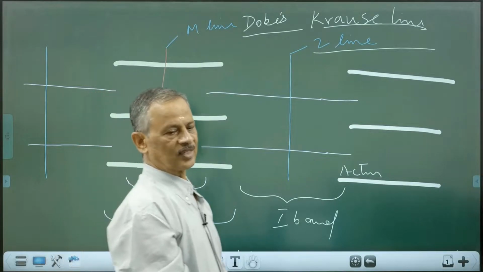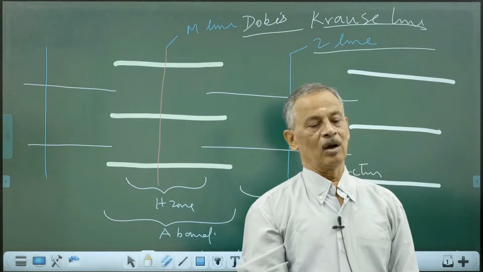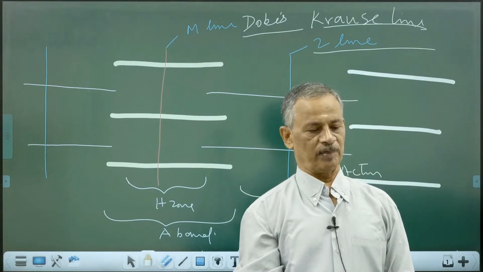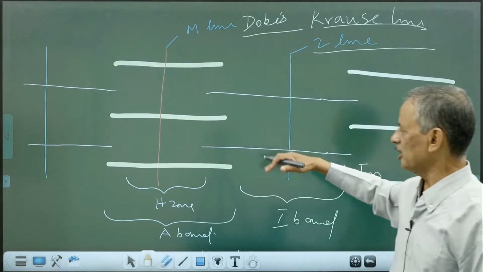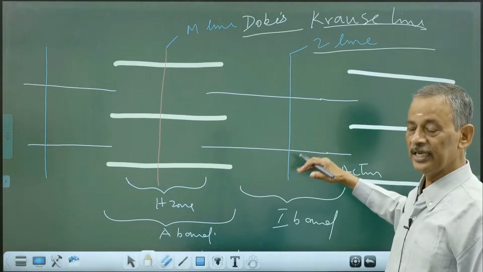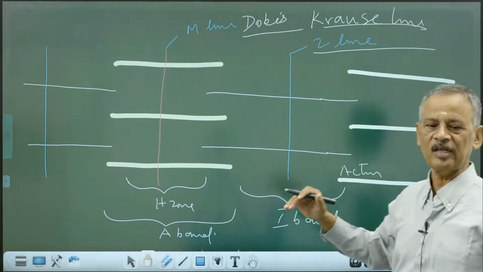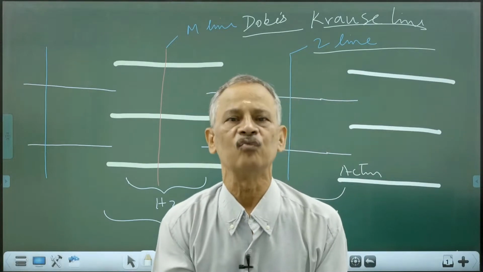Both thick and thin filaments are made up of proteins, which are polymerized to form these filaments. So it is the characteristic arrangement of thick and thin filaments in a regular fashion that gives alternate dark and white bands to the muscle fibrils.